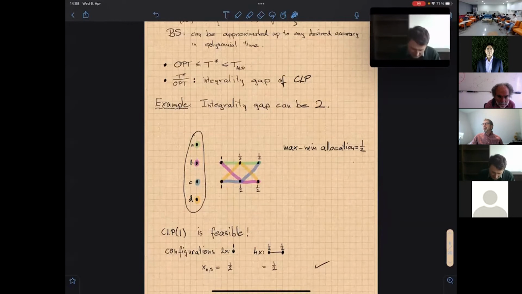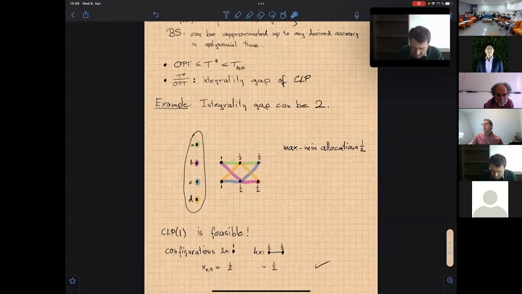You can take a look and see that of A and B, only one of them can occupy this value 1. Also of C and D, only one of them can occupy this 1. So you would have to give this 1/2 to the remaining 2, but these matchings are chosen in such a way that it's impossible.